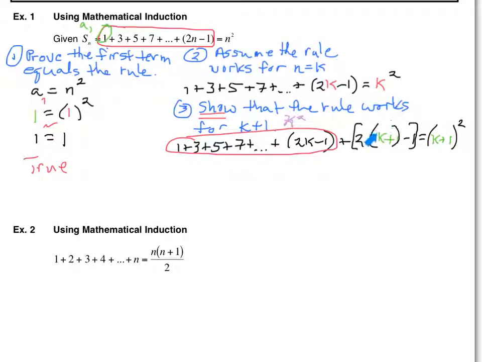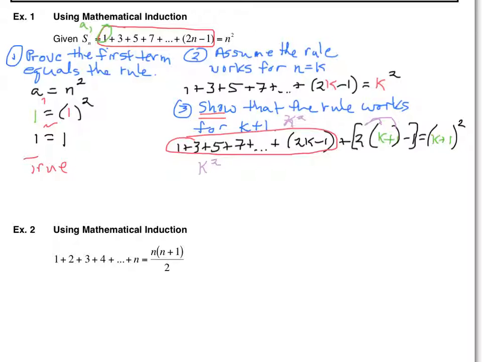And then this is the next term after this one in the sequence. This is the next term. And then we have to prove that all of this works for that next term. So in other words, the next term, instead of k, has to be k plus 1. So the right side always gets replaced anytime you have a k with that k plus 1. It just so happened we only had one of them here. And so the next step is to put k squared here, and then we're going to start to simplify this right here.